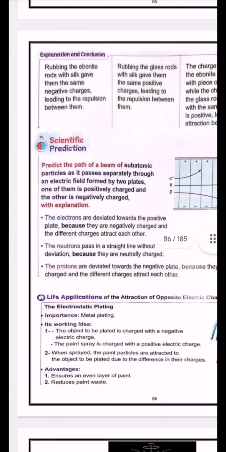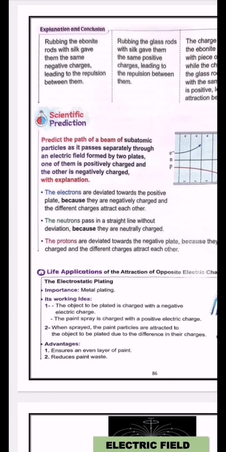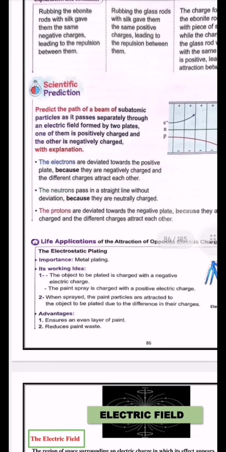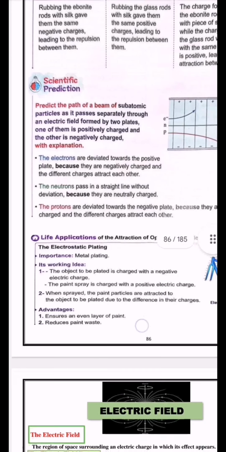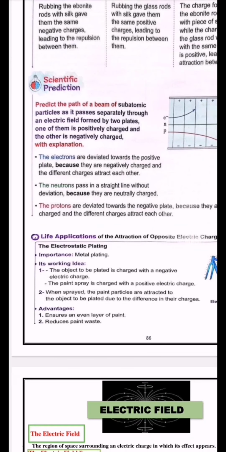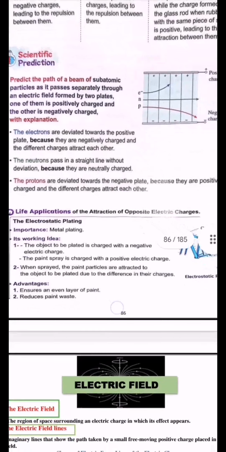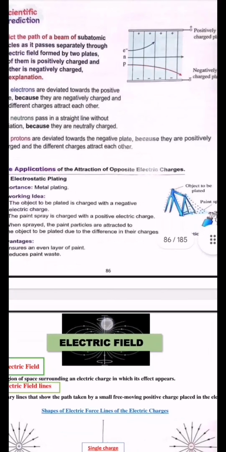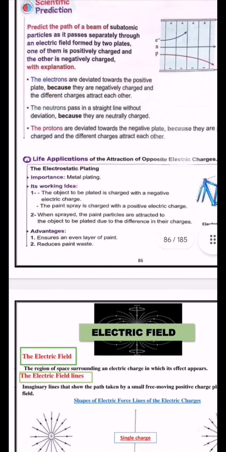Look at the explanation. The electrons are deviated toward the positive plate because they are negatively charged and different charges attract each other. And the neutrons pass in a straight line without any deviation because they are neutrally charged. But protons will deviate toward the negative plate because they are positively charged, and different charges attract each other.